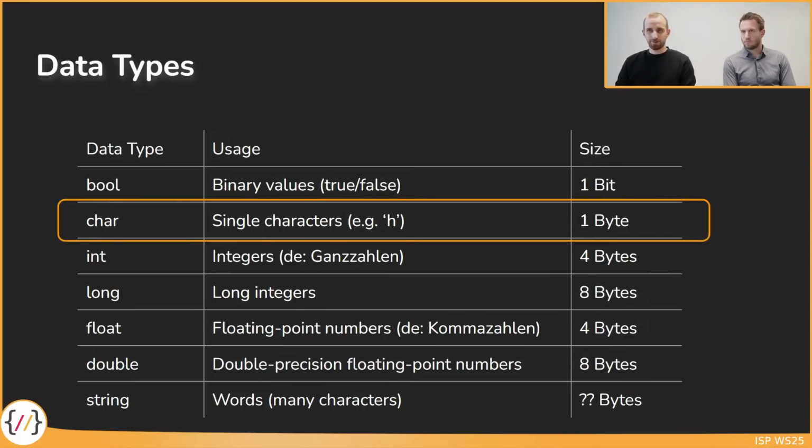Let's focus on the character as a data type now, because it has 1 byte. Remember, as I said before, a character can be interpreted as a real character, so the letter, or it could also be interpreted as just a number, because under the hood it is just a number.